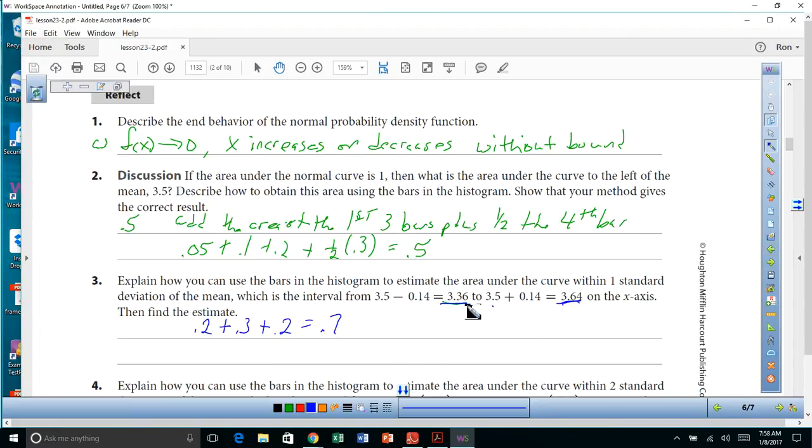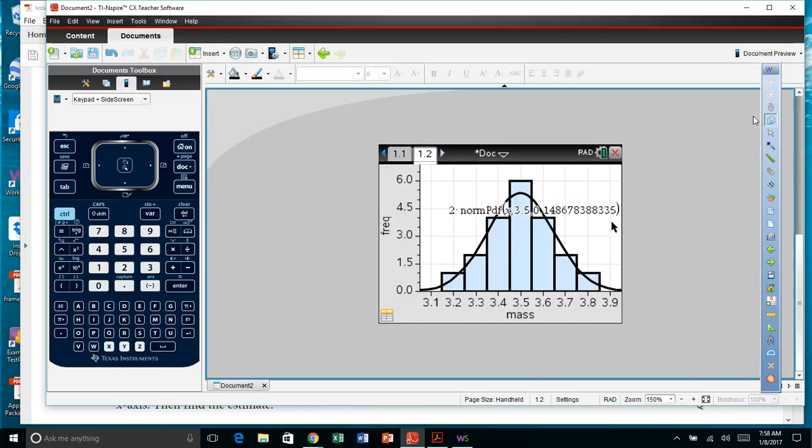So I took a little bit more, but it's an estimate. So 70%, that's a pretty close estimate to 0.68. All right.